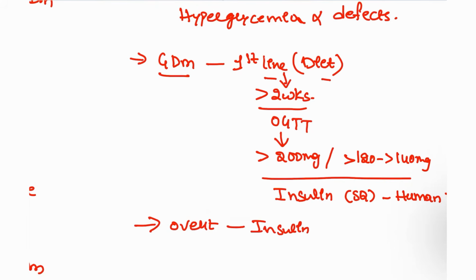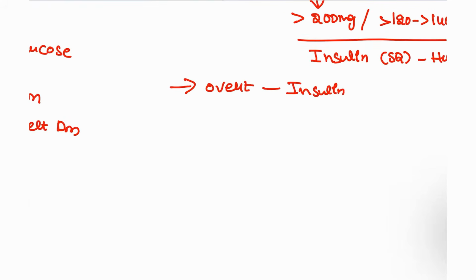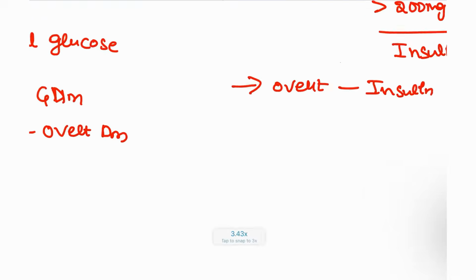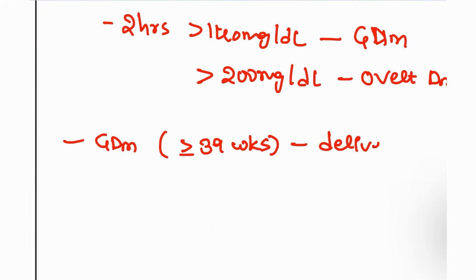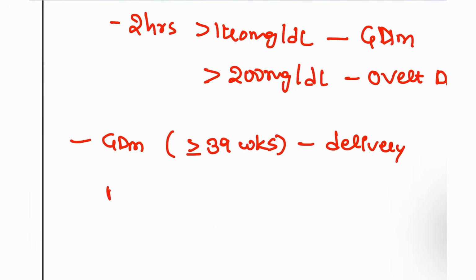Next, management of the patient, and how we are going to manage this patient. Basically, if the patient has gestational diabetes mellitus, we can terminate the pregnancy at 39 weeks or more and go for delivery. But if the patient's diabetes mellitus is not well controlled, then we can go for delivery at 37 weeks.